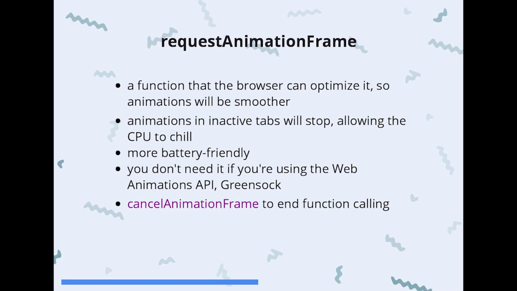Also, another thing for performance that's really important is a function called requestAnimationFrame in JavaScript. It's a function that the browser can optimize so your animations will be smoother. It will stop when you're in another tab, and it allows the CPU to chill if you go to another website, so it doesn't run consistently if you're not even looking at it.